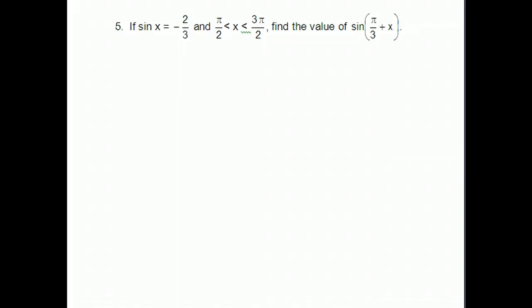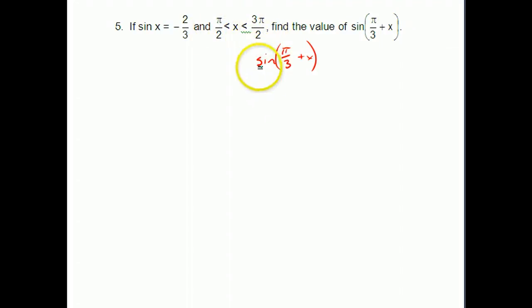Okay, so it's just like a little puzzle that we're trying to find here. So let's go ahead and find the formula first. I'm trying to find sine of pi over 3 plus x when sine x is equal to minus 2 over 3, and it's in this part of our grid.